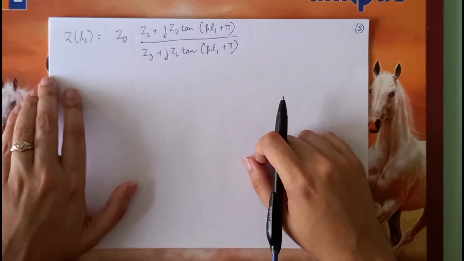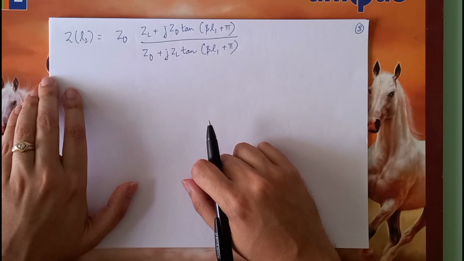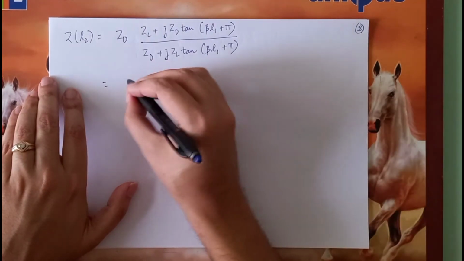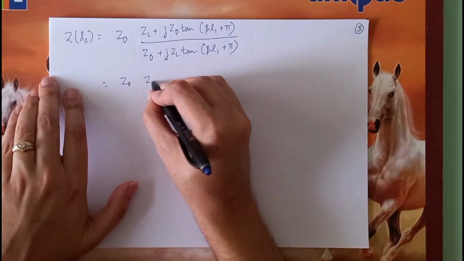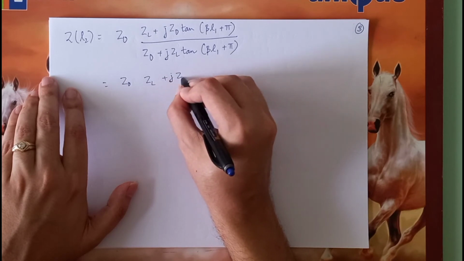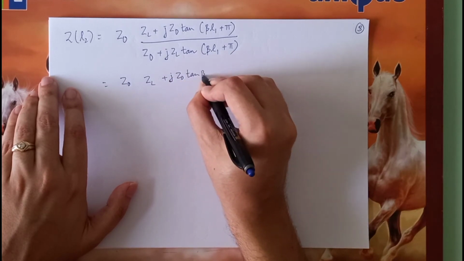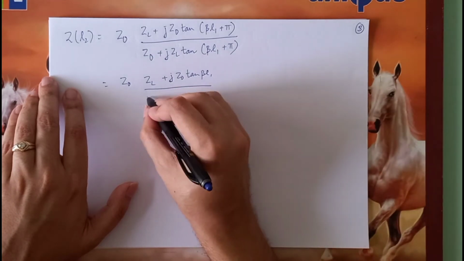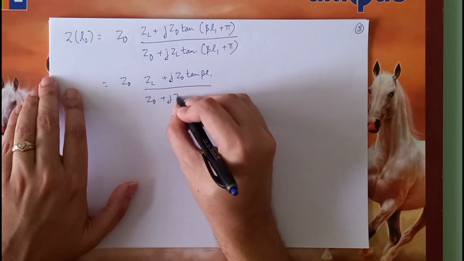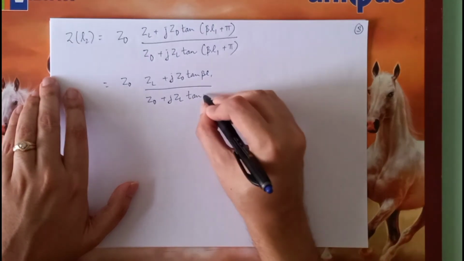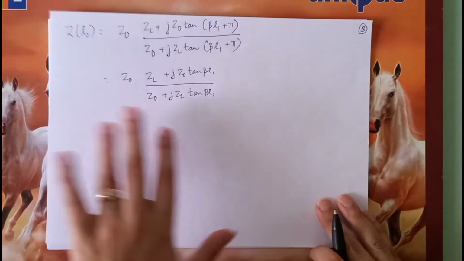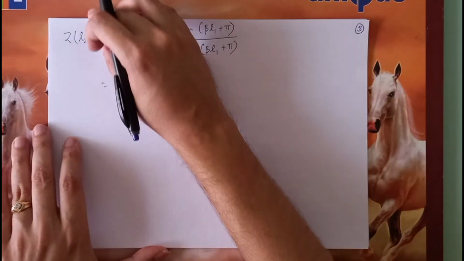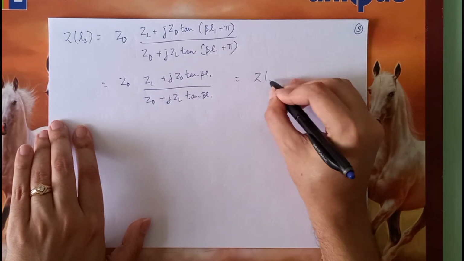So tan of pi plus anything would be tan. So this is nothing but Z0 (ZL plus jZ0 tan beta L1) divided by (Z0 plus jZL tan beta L1). So this is exactly the same as Z of L1.